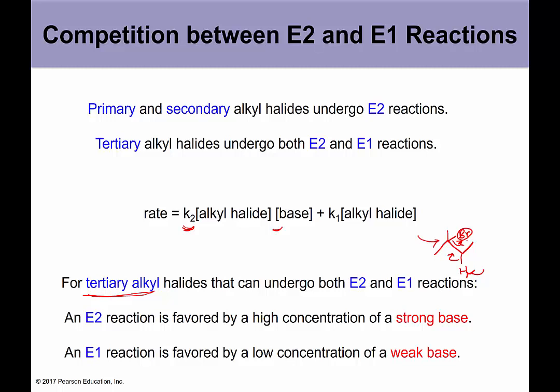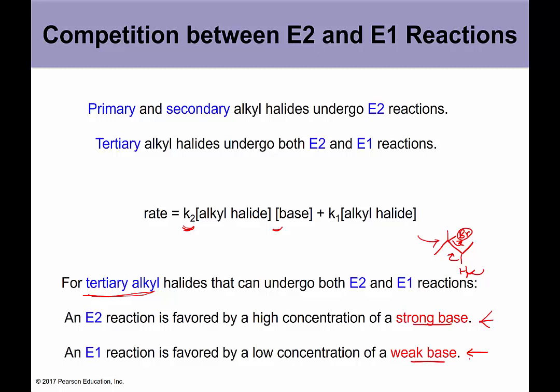And E2 reactions are faster because the transition state to form the more stable or more substituted alkene is better, or lower in energy. If you want to favor an E2 reaction, which is typically what people will want to do, then you're going to have a strong base and a high concentration of strong base. And if you're going to favor an E1 reaction, then you have to have a weak base.